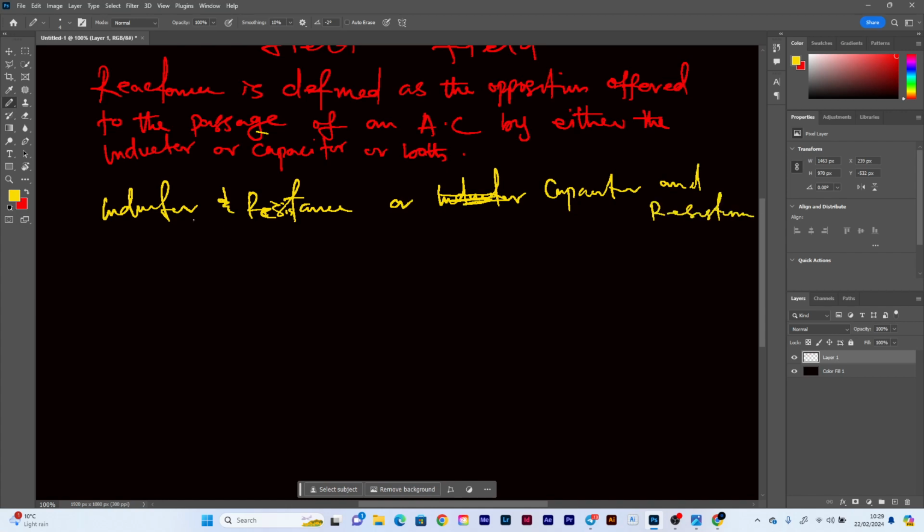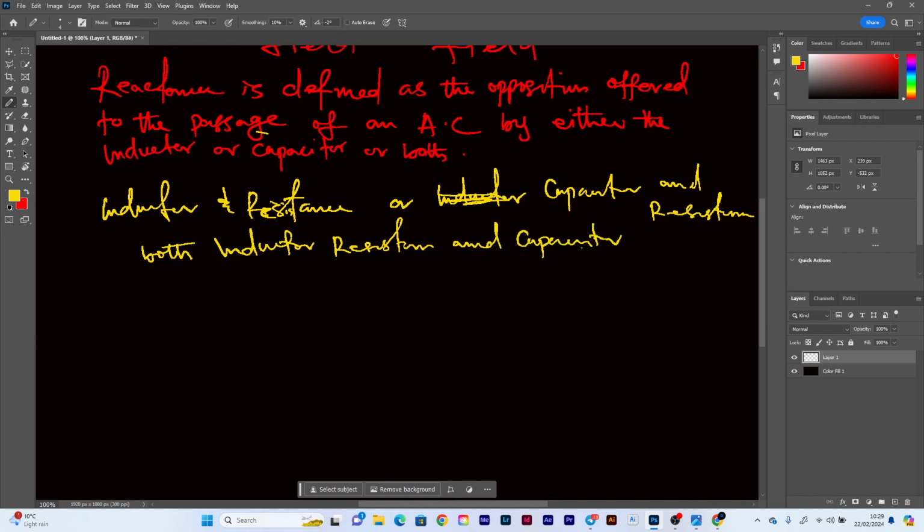Are you following? Or a circuit that contains inductor, resistance, and capacitor.